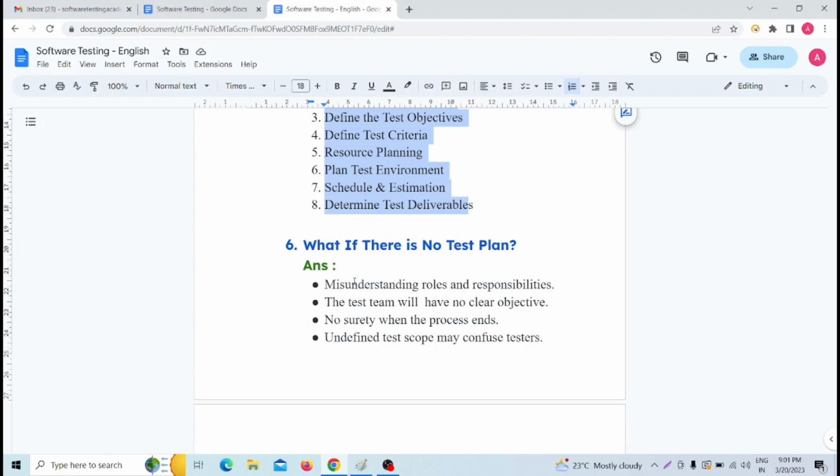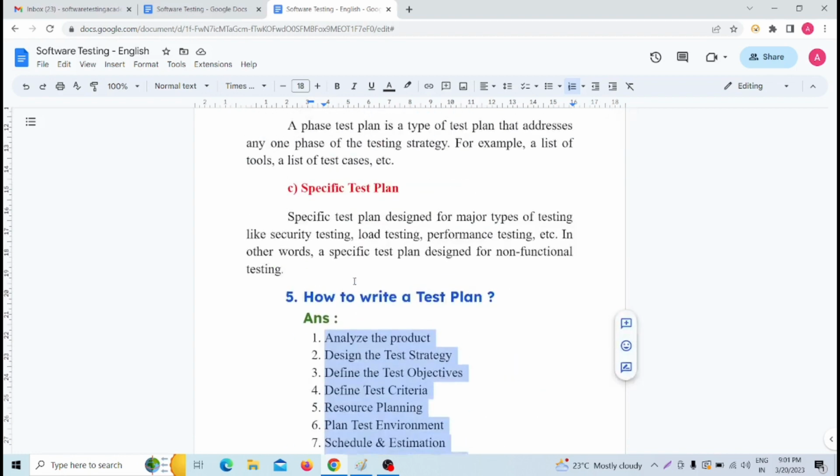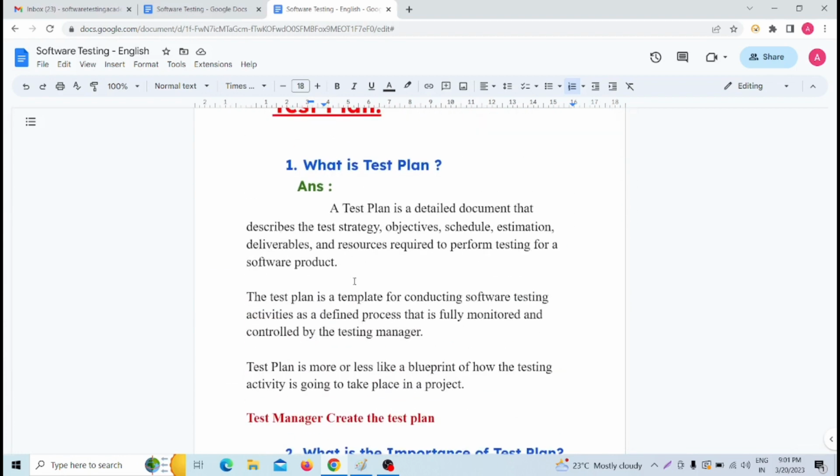That is misunderstanding the roles and responsibility. In my definition of test plan, I have already told you that in a test plan we document the test strategy, objective, schedule, estimation, deliverable, and resources. Suppose I am a tester with 4 years of experience, and another tester in my project has 1 year of experience.